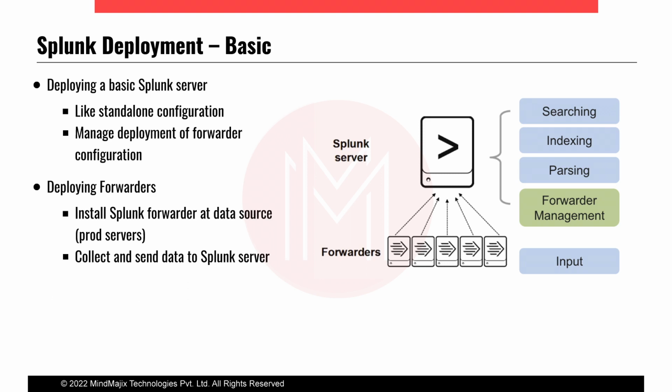These forwarders are ingesting and forwarding the data from the different data sources, which could be the production servers of an enterprise, and forward it to the Splunk server. They collect and send the data. So this is the situation where, in any enterprise, we have a forwarder army sending all kinds of data to the Splunk Enterprise.